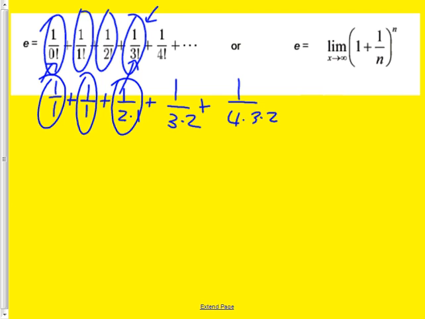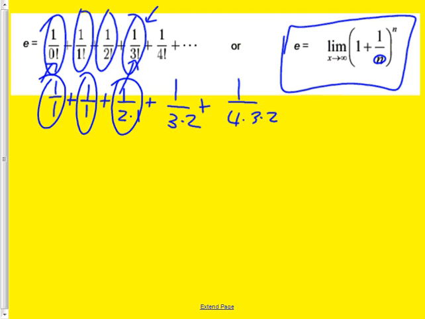Anyway, that's where you can calculate e exactly, if you keep doing that. But notice the dot, dot, dot. That means forever. You haven't done limits yet, but this is a limit notation, which means you keep doing this where you put in different numbers for n, over and over, and you just keep adding them forever.